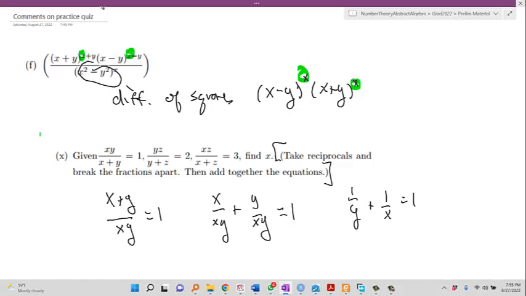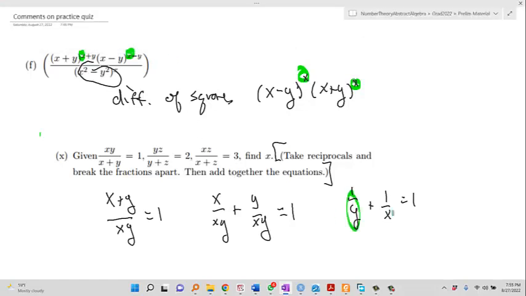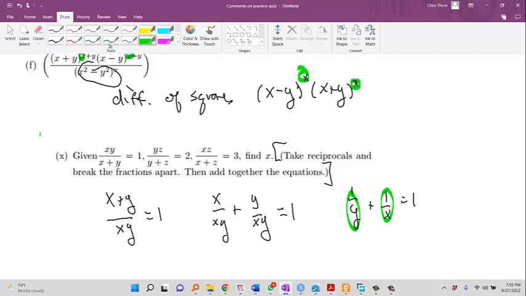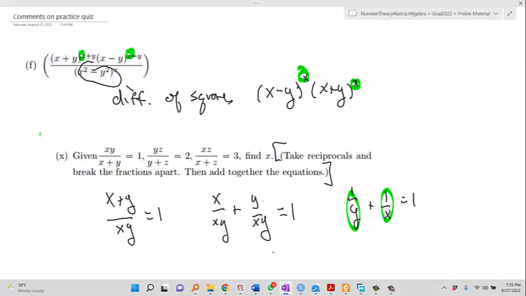So you can see here, if you do this with all of the variables, you're really dealing with reciprocals of the variables. So one way to deal with this problem would simply be let y prime be 1 over y, x prime equals 1 over x, z prime equals 1 over z.